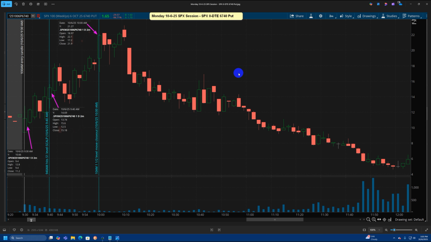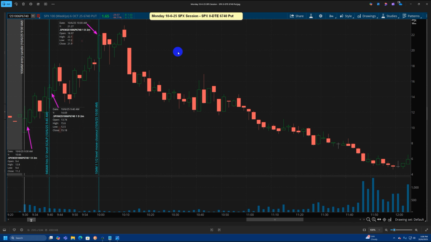Here we have the 67.40 put on a 2-minute chart as well. Here's the 9:30 a.m. candle, the close $11.20. If you were just scalping, at 9:40 a.m. the S1 level scalp, $15.18. Here's the 10 o'clock candle on the 67.40 put, the close $21.90.